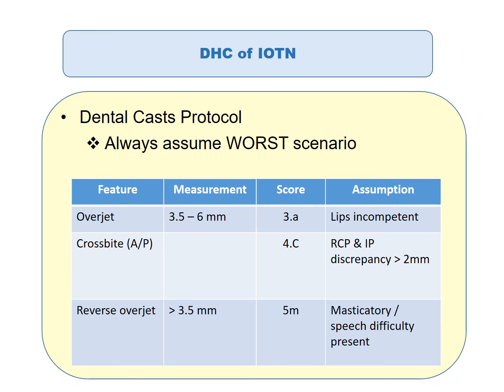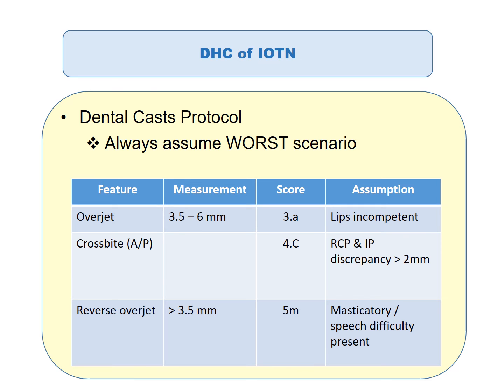For example, if the overjet is between 3.5 to 6 millimeters, then we assume that the lips are incompetent and give it a score of 3.8. Similarly, if the crossbite is present, we assume that the retruded contact position and the intercuspal position discrepancy is more than 2 millimeters, and we give it a score of 4C.